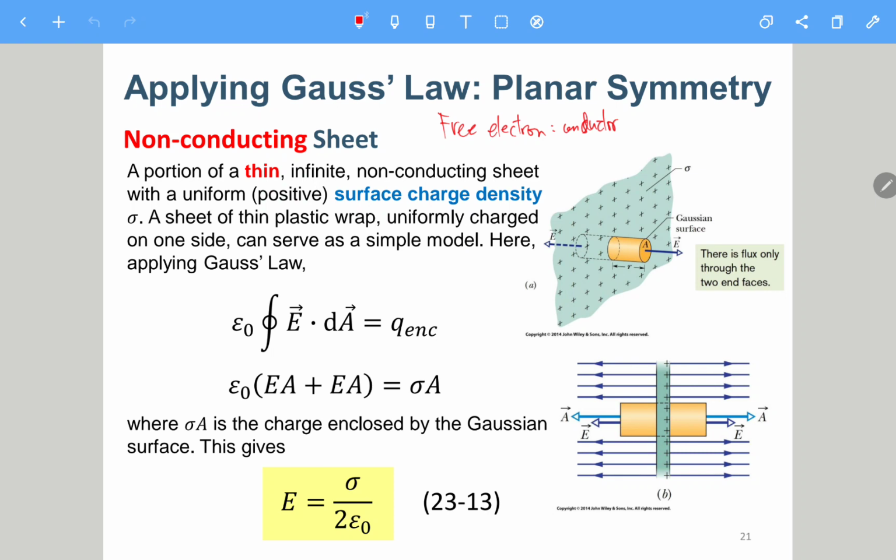Then after it assumes the charge distribution, the charge distribution won't change anymore. This is for the non-conducting material. The charge distribution won't change later.